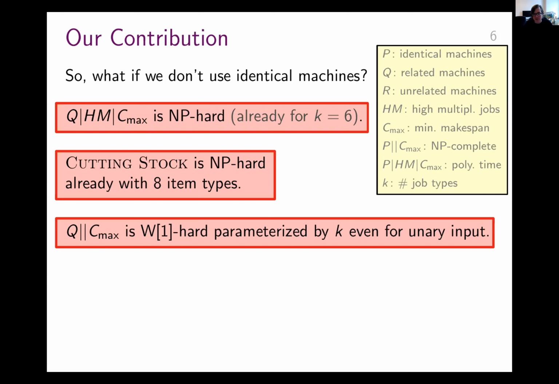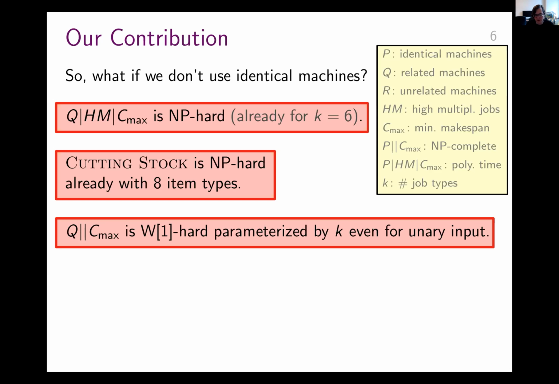What we're interested in is basically, could this dynamic program be improved? Because the dynamic program runs in time roughly n to some function of k, where n is the number of jobs and the job lengths. Can this be improved to just a function of k times poly n if the lengths are bounded?